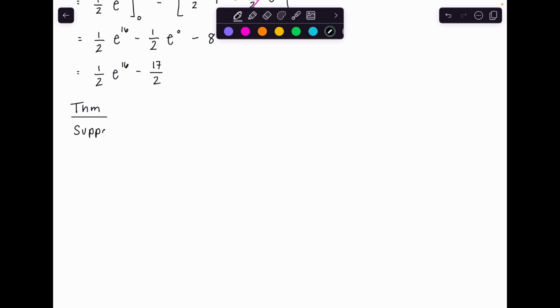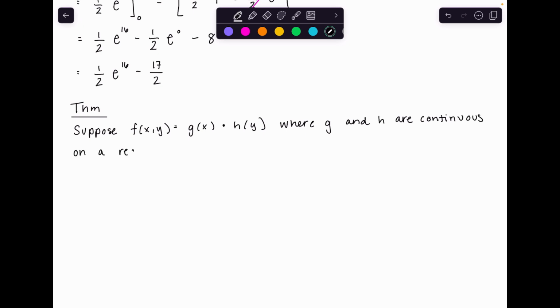So suppose that you can write your function as a function of x times a function of y, where these functions g and h are continuous on a rectangular region R. So our x is changing between a and b, y is changing between c and d.